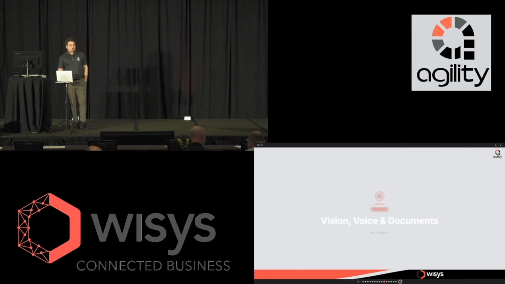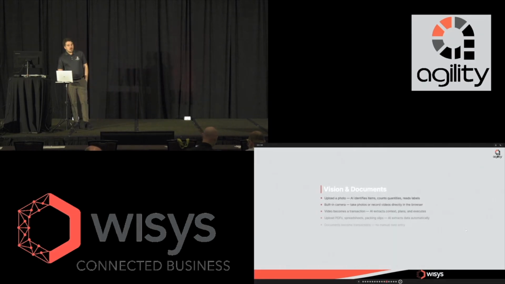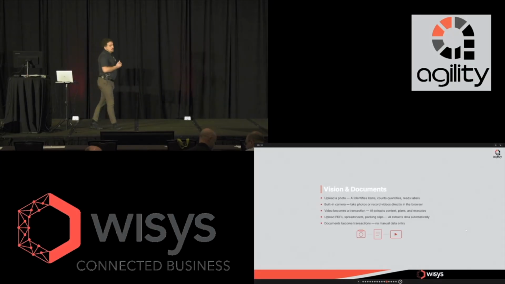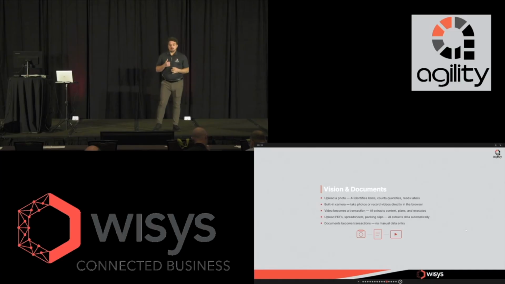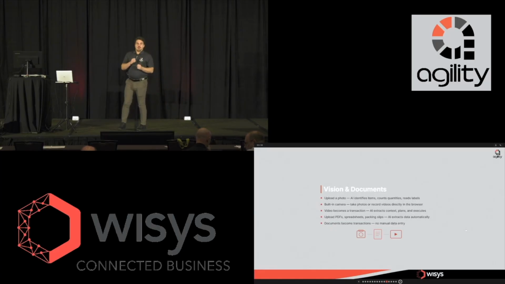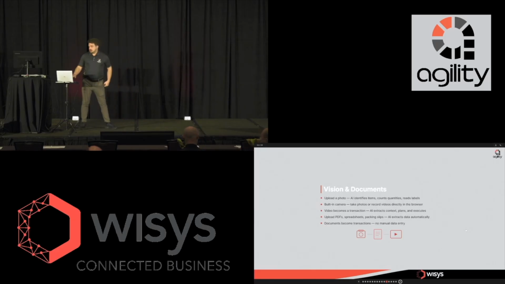For vision and documents, you can upload a photo. The AI will identify the items, count the quantities, even read all of the labels. It can zoom in on everything. It can find mistakes. There's built-in camera support as well, which I will demonstrate a little bit later on.